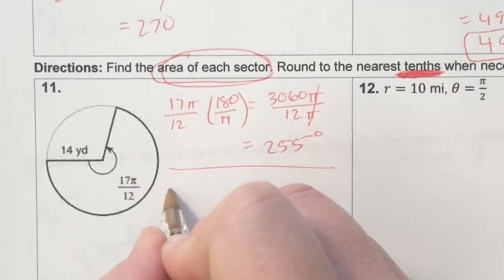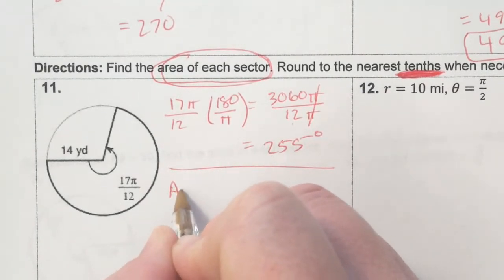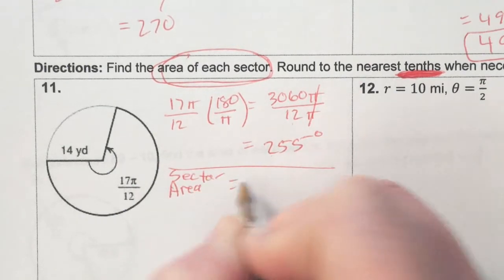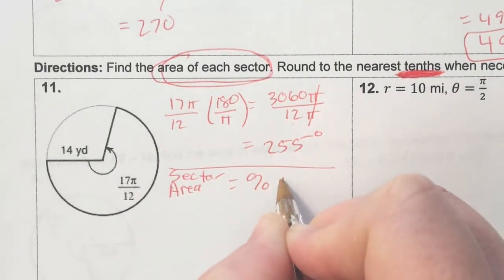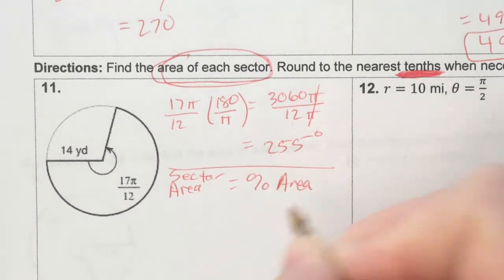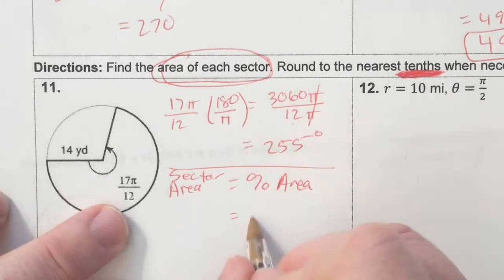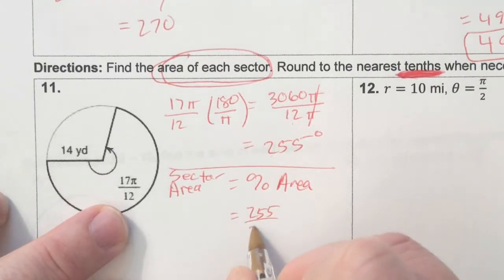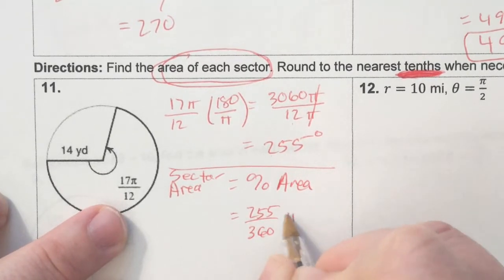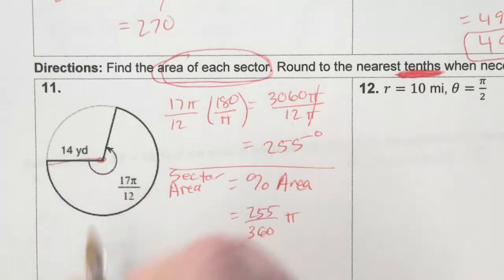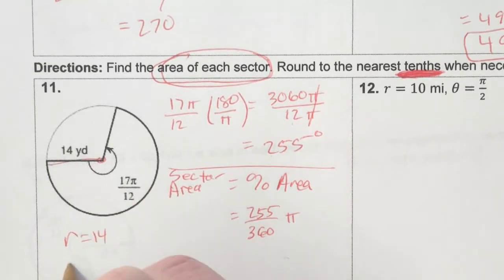Okay, now they want the area, so they want the sector area, right? They want the sector area, which is percentage of the area. So that would be the angle, which we got 255 over 360, times pi r squared. Now let's see. Radius is from the center to the edge. So the radius is 14, the diameter would have been 28.